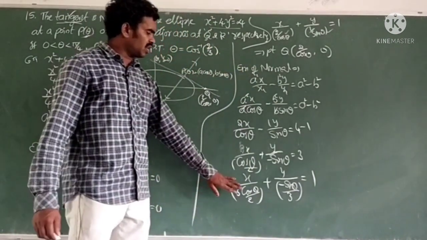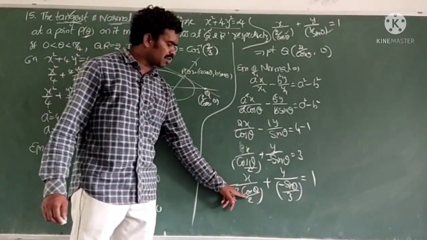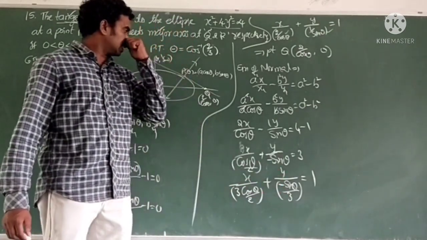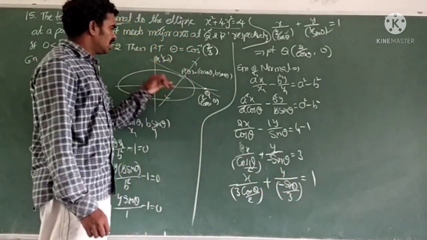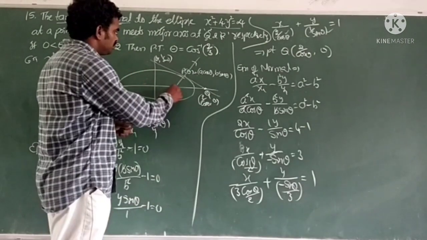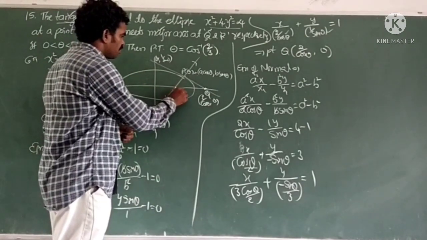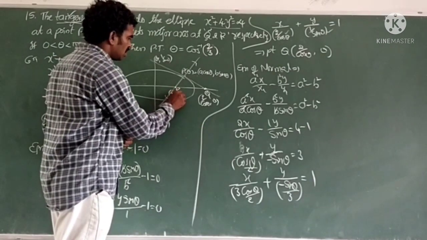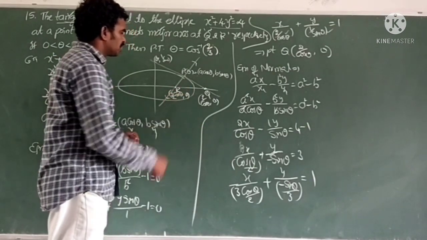So now tell me, what is the x coordinate? It is 3 cos theta by 2, comma 0. The y coordinate is 0, comma minus sin theta by 3. This point on the x axis, R, becomes 3 by 2 cos theta, comma 0.